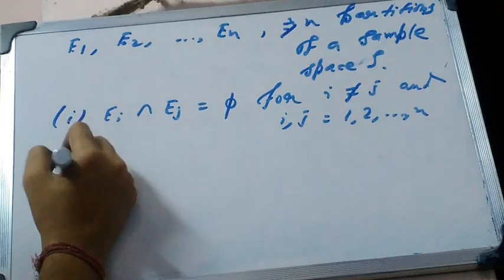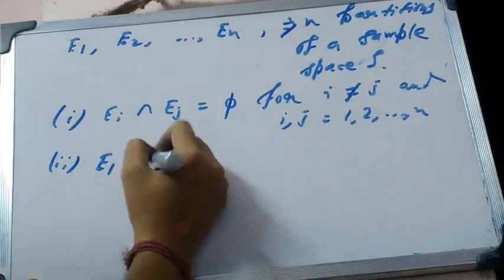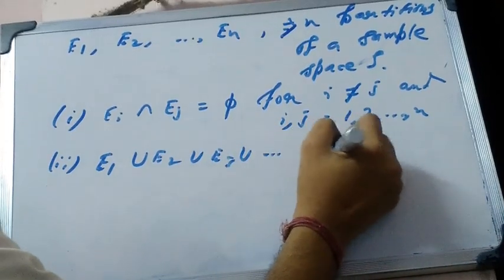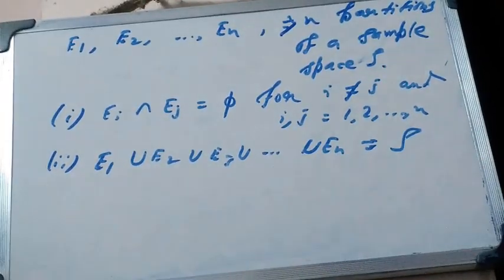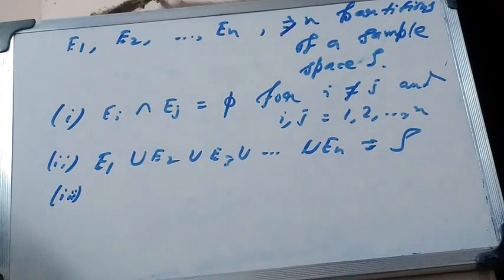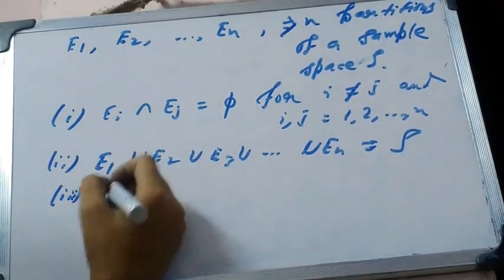The second condition is E1 union E2 union E3 union up to En is equal to S. All these events make the total sample space S. And the probability of all the events will be greater than 0.